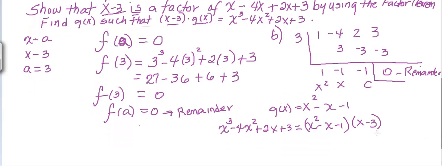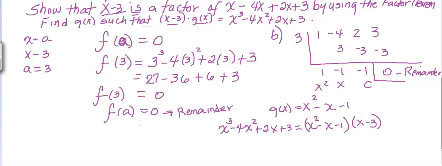That the factor theorem is just a specific case of the remainder theorem. The remainder theorem is a more general case. The factor theorem is a specific case when you have remainder 0. And it tells you that if you have a remainder 0, then most definitely this linear term is a factor.